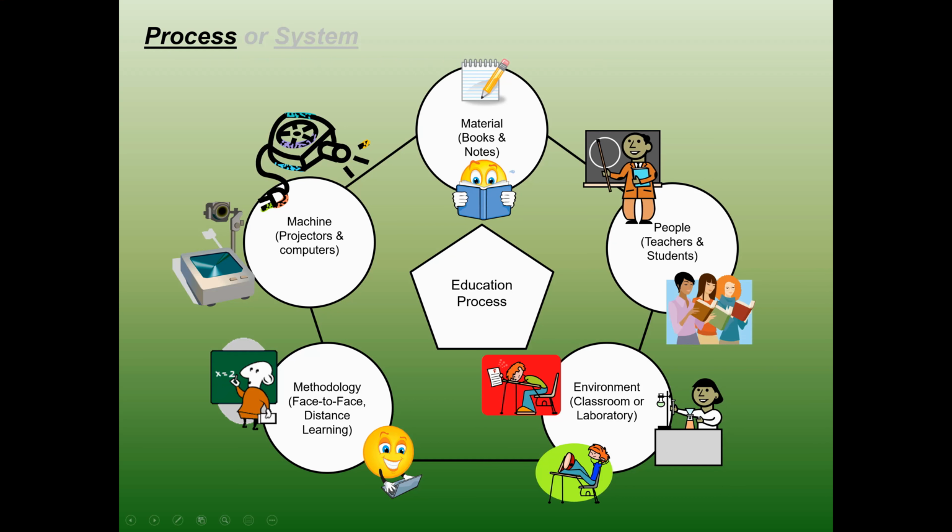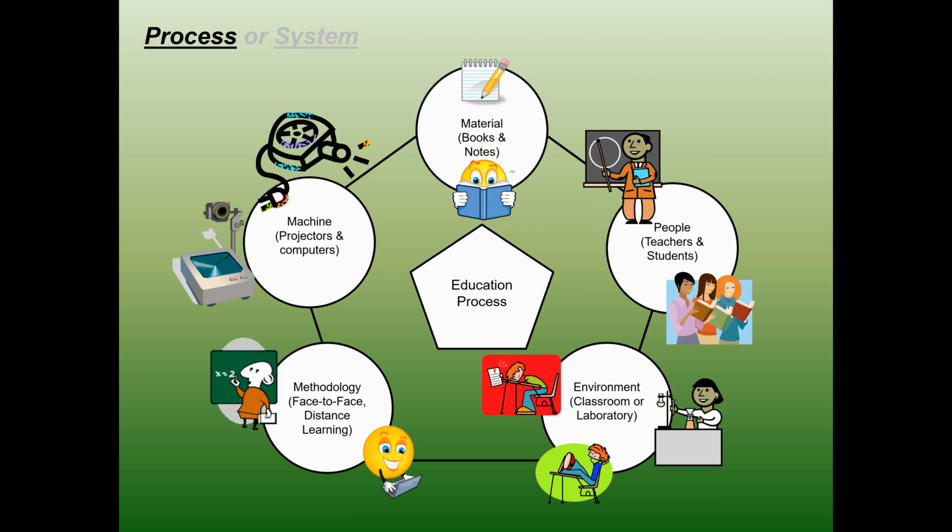In your book, you're going to find two good examples of that. When we say process, we mean many different things. We mean people, machine, method, environment, and material.